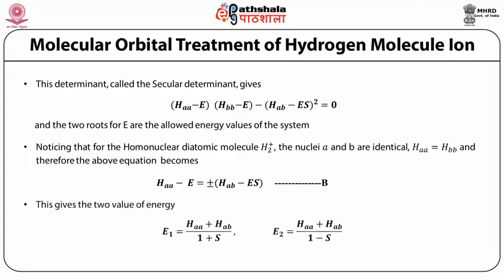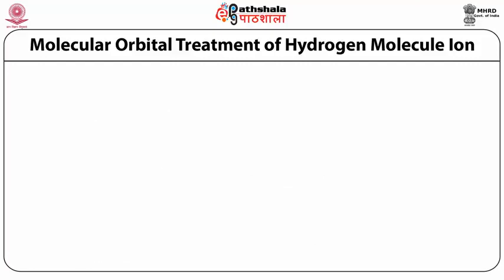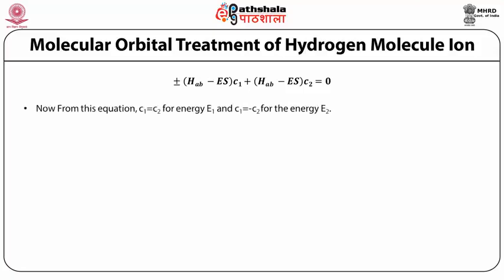One is E1 equal to (HAA plus HAB) upon (1 plus S), and E2 is equal to (HAA minus HAB) upon (1 minus S). Combining these two equations, plus or minus (HAB minus ES) C1 plus (HAB minus ES) C2 is equal to 0. From this equation, C1 is equal to C2 for energy E1, and C1 is equal to minus C2 for energy E2.